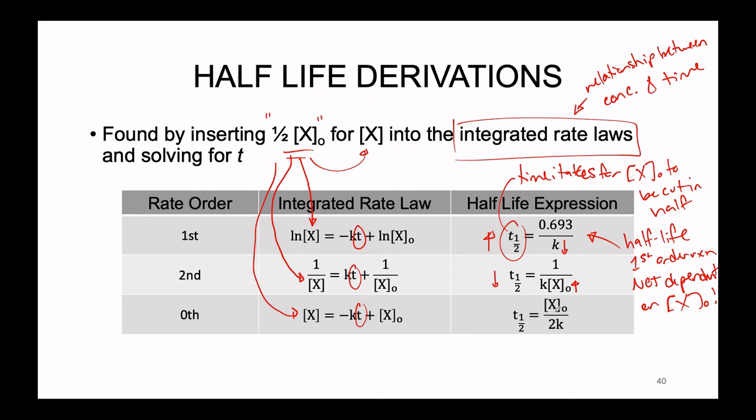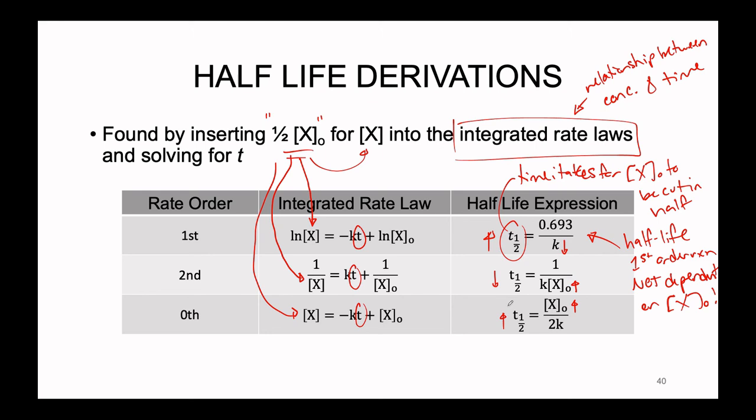So what this represents is that our half-life is going to be inversely related to our rate constant K. This has been the same in all of our half-life expressions, but now we can see the initial concentration of our reactant is in the numerator. This means as we increase the initial concentration, our half-life is going to increase as well. This is because our rate does not depend on the initial concentration of X in a 0th order reaction.